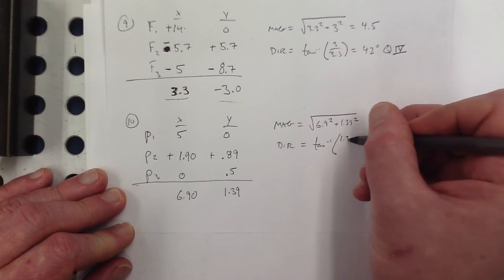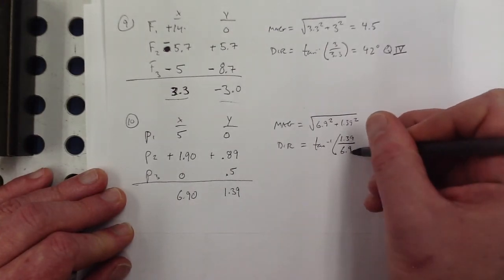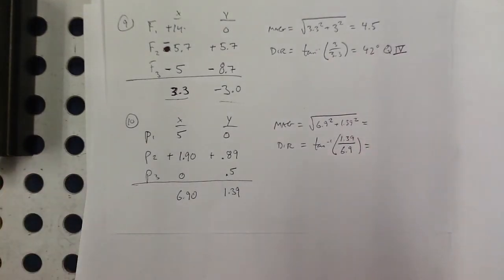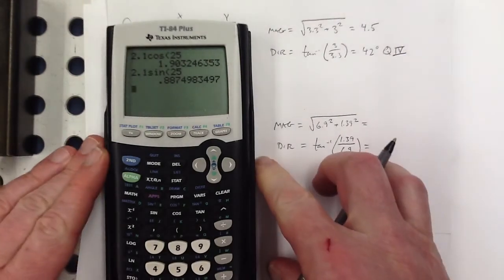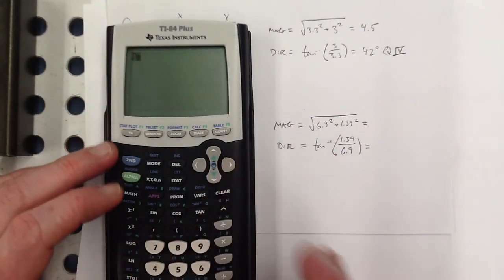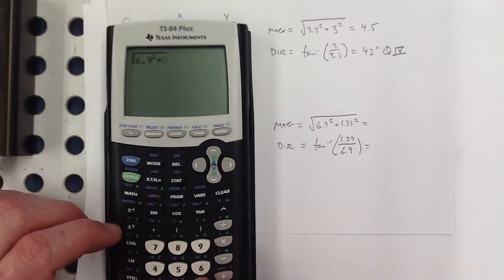You never imagined in your wildest dreams how much you would be using the tangent inverse function, how useful that is. So the square root of 6.9 squared plus 1.39 squared.